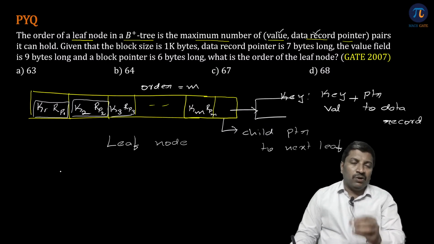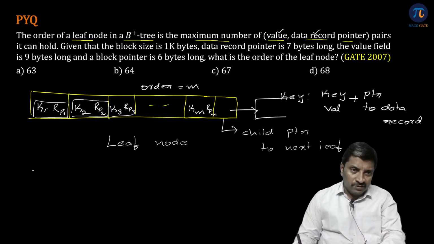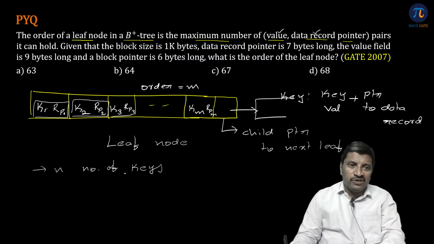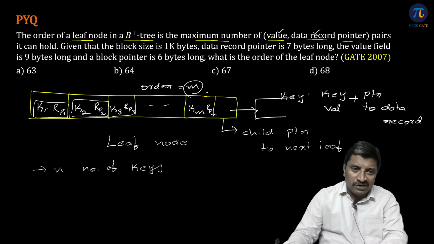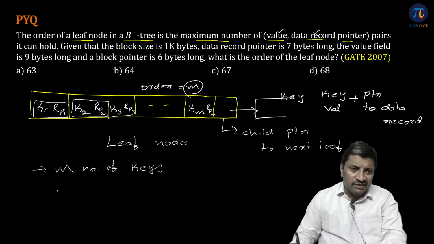Right, sir? Now let us list out what a leaf node will have. First of all, it will have n number of key values. If I assume it is order n, of course we assume order is m, so let me write m. M number of keys.